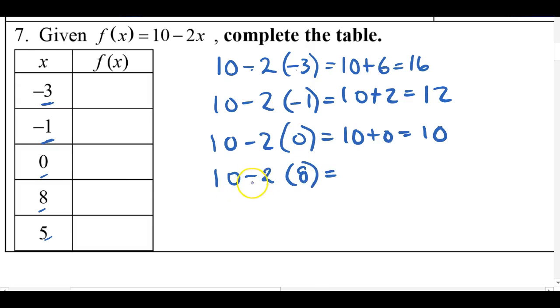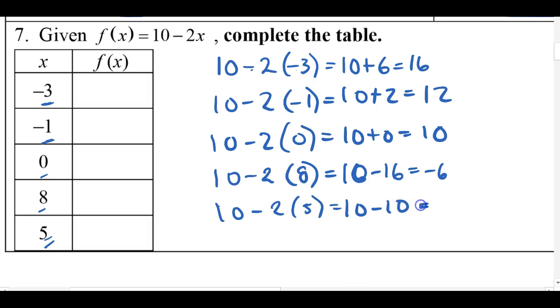Okay, so now -2 times +8 is -16. Oops. So it'll be 10 minus 16, which is -6. And then the last one is +5. So I'll plug in +5 here. And then -2 times 5 is -10. And 10 minus 10 is 0.